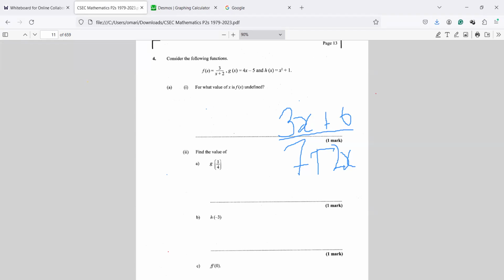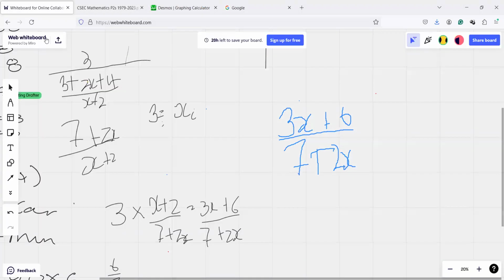So now we need to plug anywhere we have x, we need to plug in 0. So in this case, we have 3x, so that would be 3 times 0. So this will become a 0. Any number times 0 is 0. So 0 plus 6, that gives us back the 6 at the top. And again, down here, it's 0 that we're using for the x. So it's 2 times 0, that gives us 0. 7 plus 0, that's still 7.